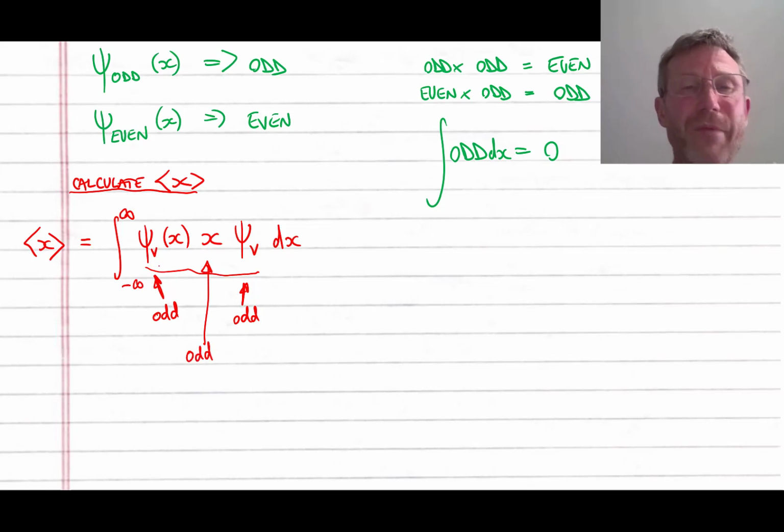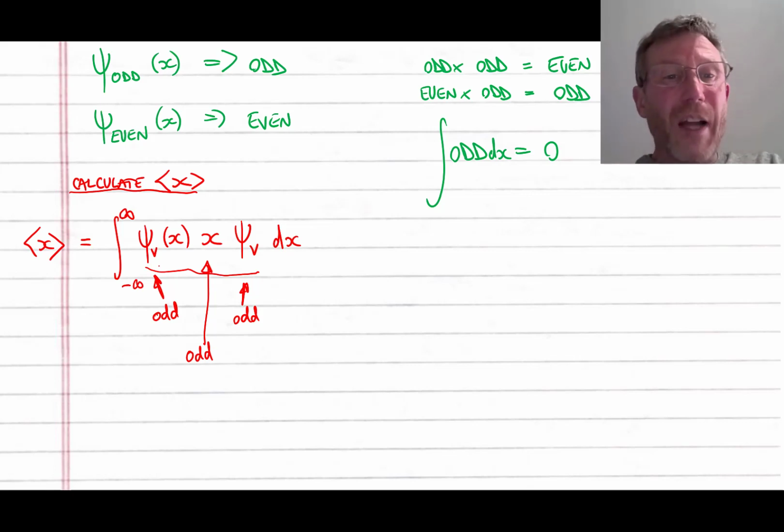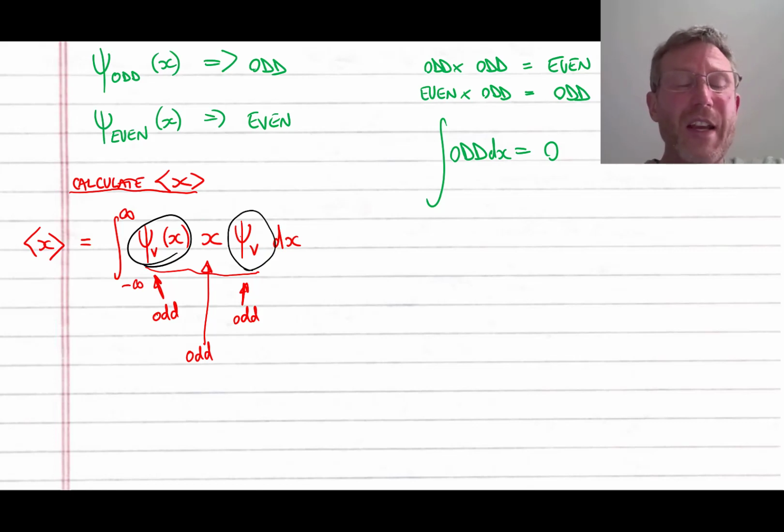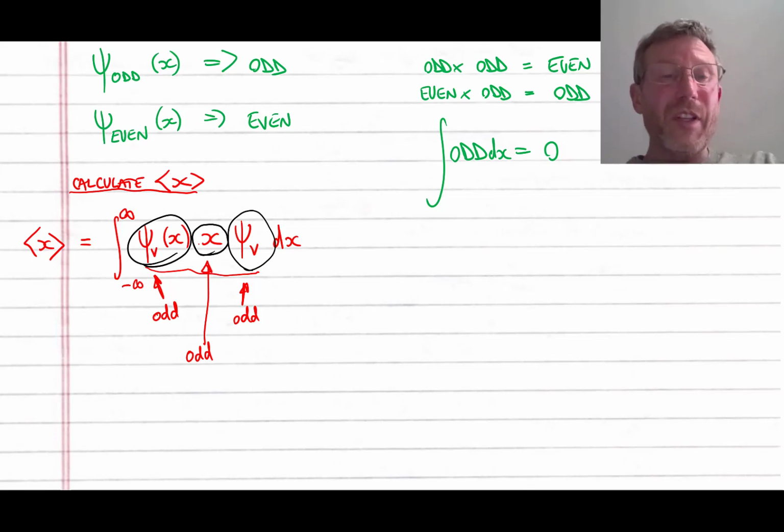So independent of whether v was an even number or an odd number, the wave function squared would be an even function, but now multiplied by an odd function. Our rules tell us that this total integral would be an odd function. And what do we know? When we look at the integrals of odd functions, we know that they must be equal to 0.